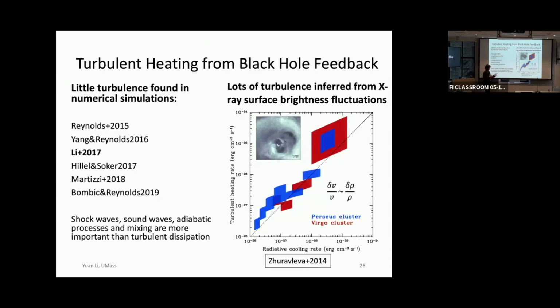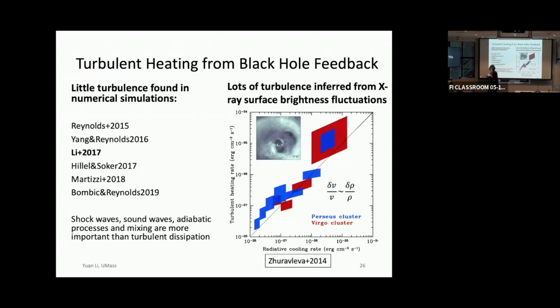On the other hand, the X-ray observers have figured out smart ways of extracting information from the very limited X-ray data. So here's a Chandra X-ray picture of the central region of a nearby galaxy cluster called the Perseus galaxy cluster. And you can see there are fluctuations in that image.